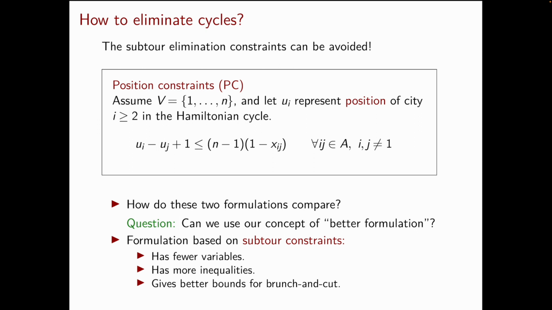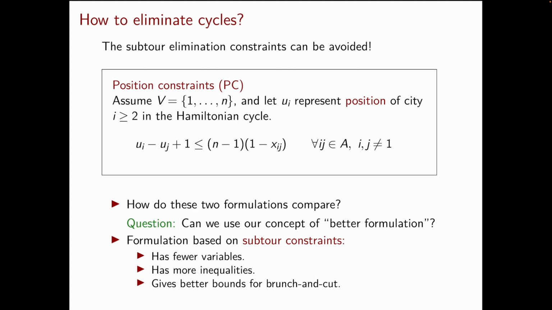In particular, it has n square variables as opposed to the n square plus n of the formulation based on the position constraints. But on the other hand, the formulation based on the Subtour constraints has many more inequalities. We saw that the number of Subtour elimination constraints is 2 to the n, while the number of position constraints is only n square, because we have one inequality for every arc.